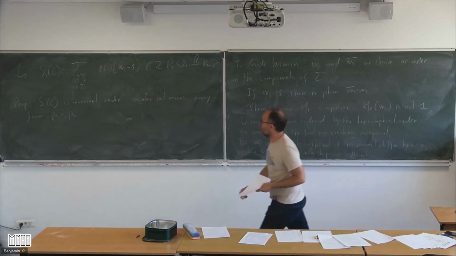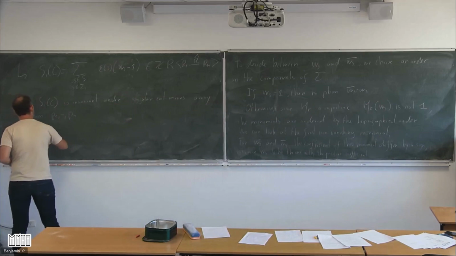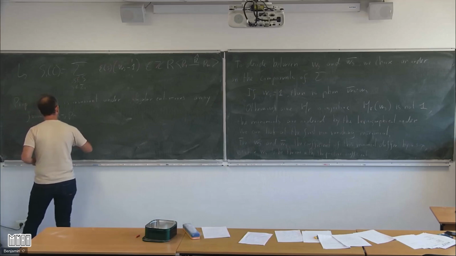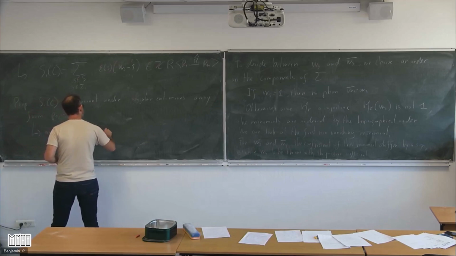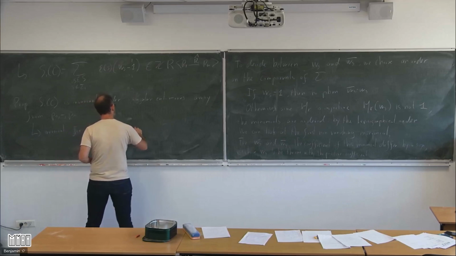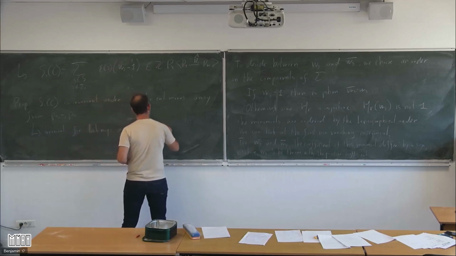So, like that, you obtain an invariant for link maps given with a basing.